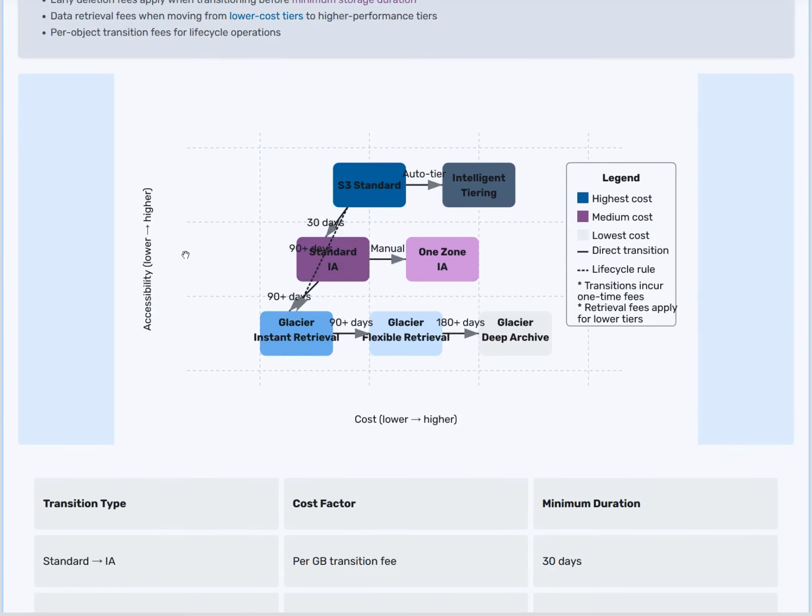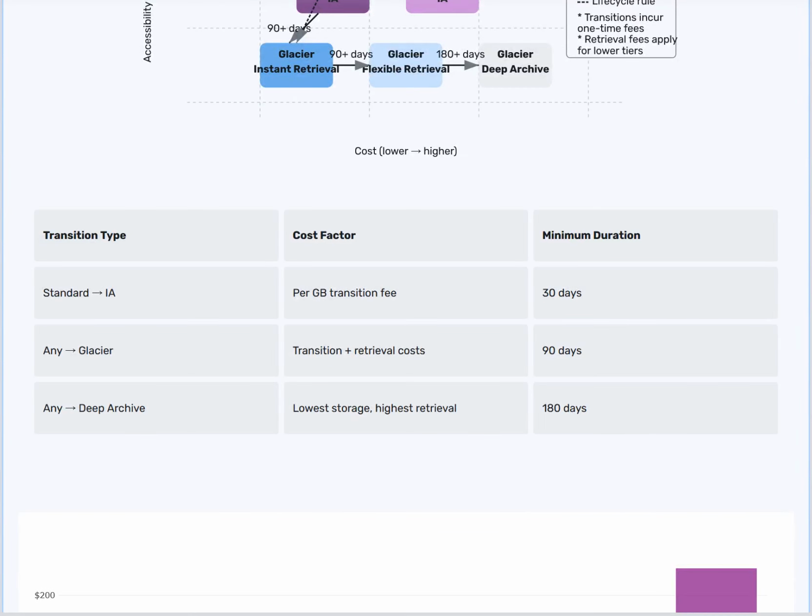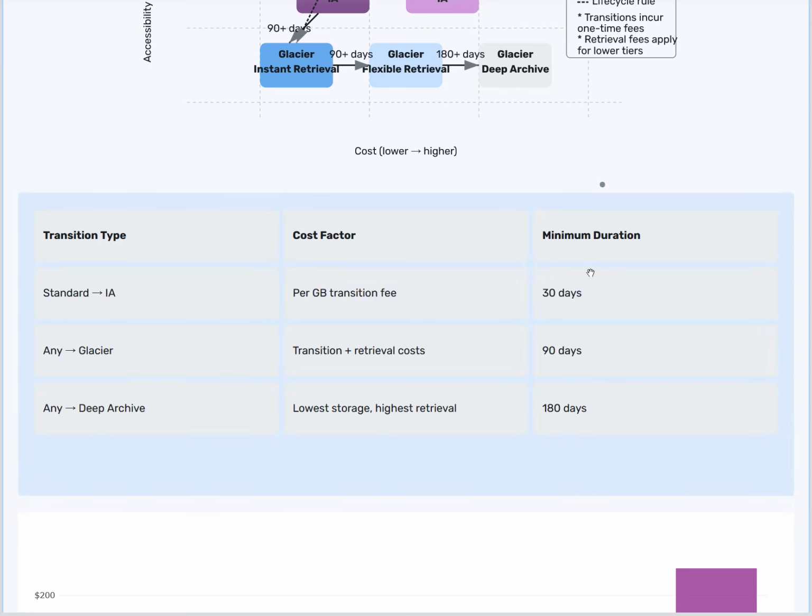So before we look into this graph, I'm going to show you the transitioning types. You get a transitioning type, and then you have a cost factor and minimum duration. So moving an object from Standard to One Zone-IA tier: per GB transitioning fee, and the minimum duration is that you need to keep it at least 30 days before moving to the IA tier from Standard.